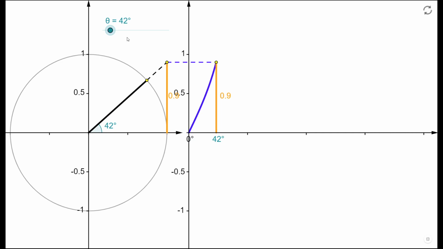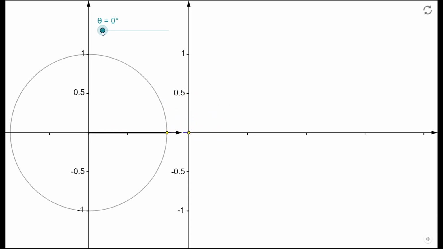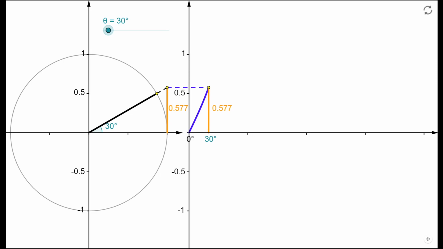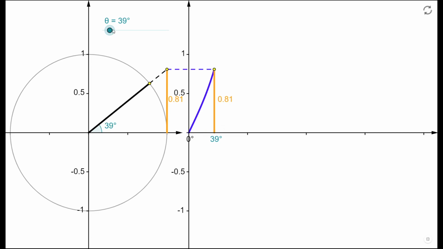And as we do that as well, the adjacent side, the measure on our x-axis, should get smaller and smaller. Okay? Now, when we do our opposite divided by our adjacent to measure tan, what we start to get is a number that gets bigger and bigger and bigger and bigger. Okay? You can see that happen here.